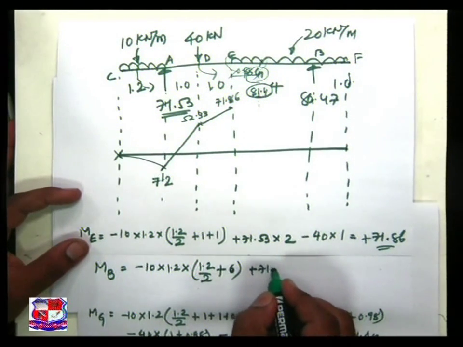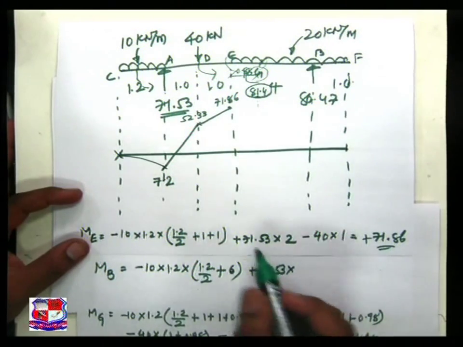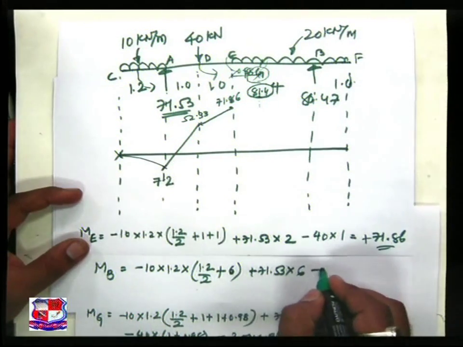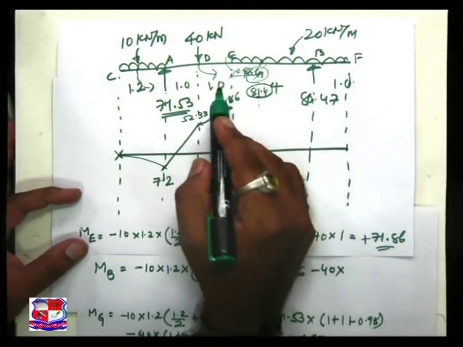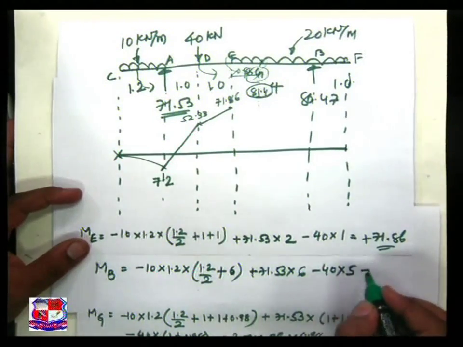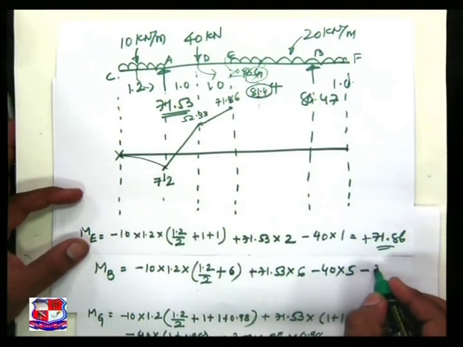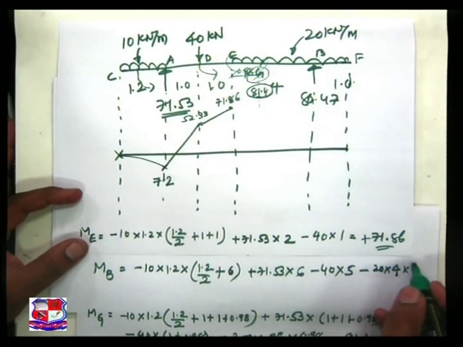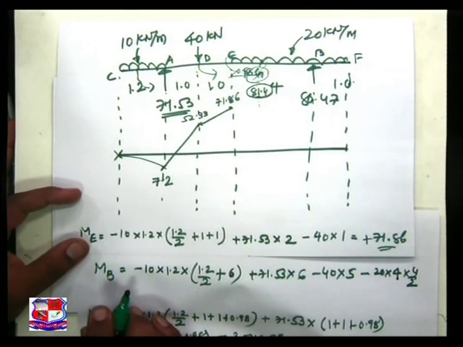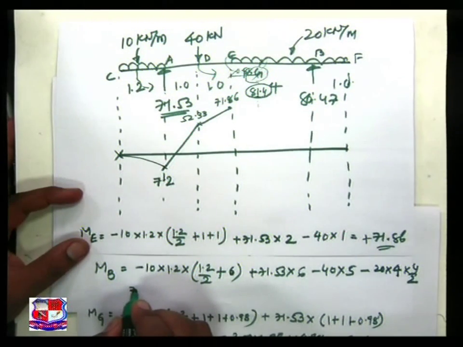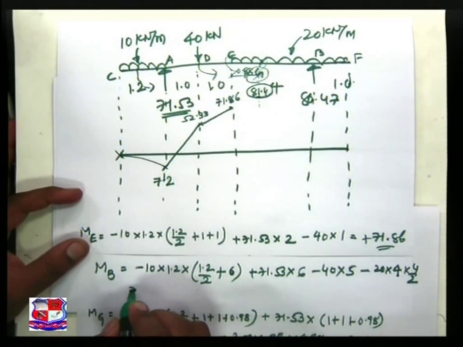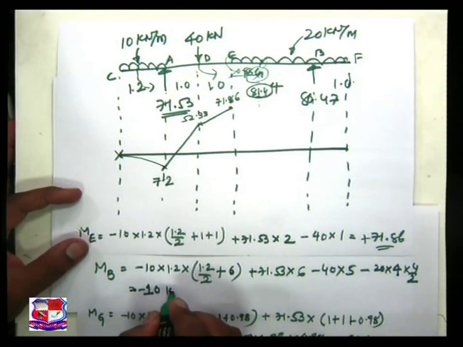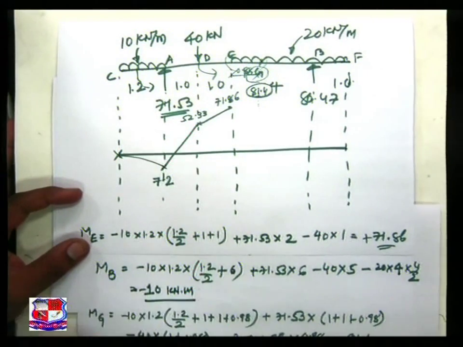Next, plus 71.53 into 4 plus 1, 5 plus 1, 6, minus 40 into 4 plus 1, 5, minus UDL 20 into 4, that is the load, multiplied by 4 by 2, and we achieve this answer, which is minus 10 kilonewton into meter.